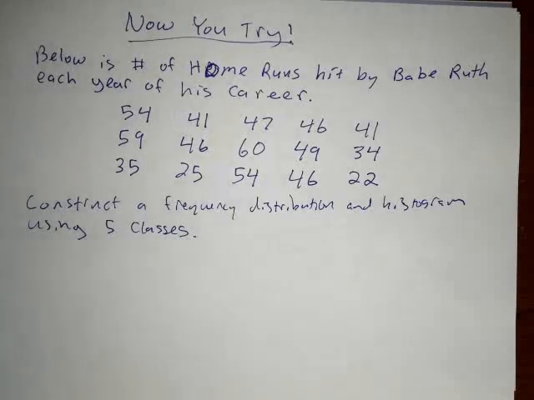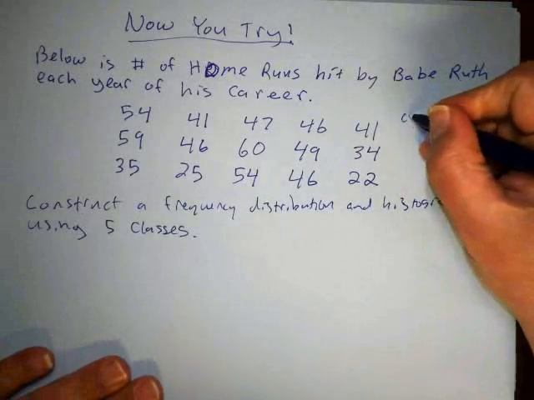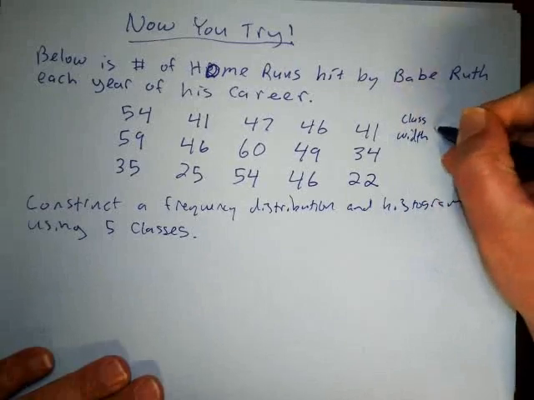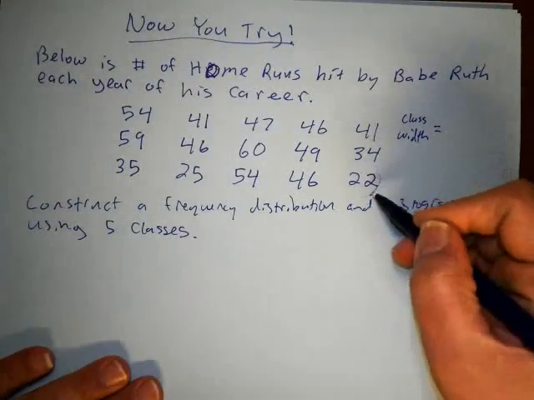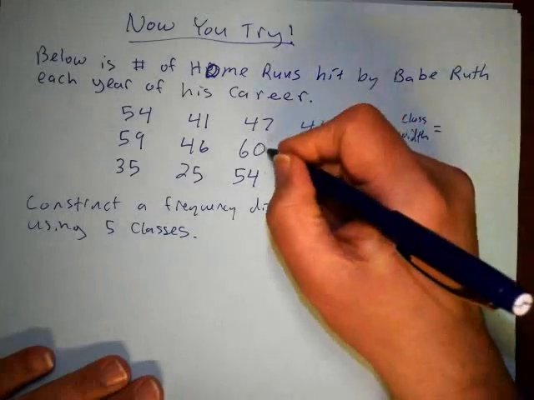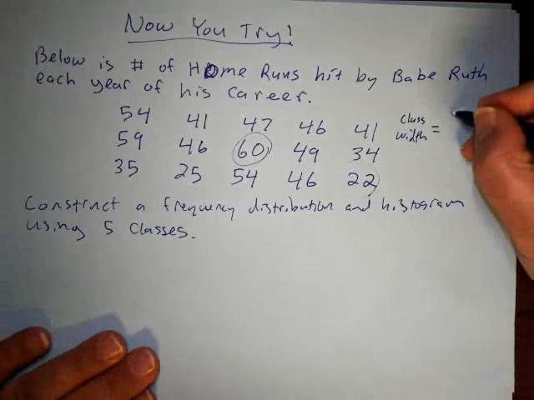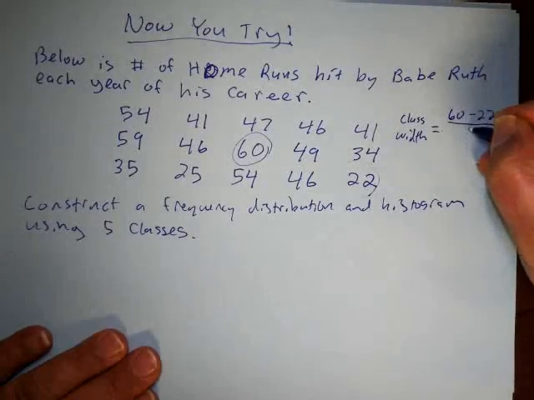Okay, so let's go ahead and we'll try this. You can check your work, see how you did here. It wants me to use 5 classes, so I'm going to start by finding the class width. The minimum value is 22 here. The maximum value, of course, is that 60 home run record. So it'll be 60 minus 22 divided by 5.